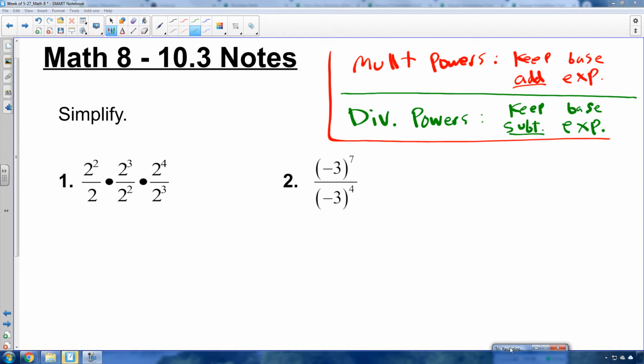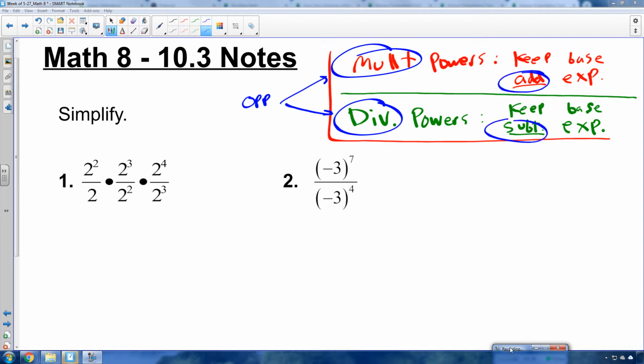The opposite of multiplication is division, and the opposite of addition is subtraction. So math kind of makes sense in that way: for the opposite operation for powers, you use the opposite operation for the exponent.